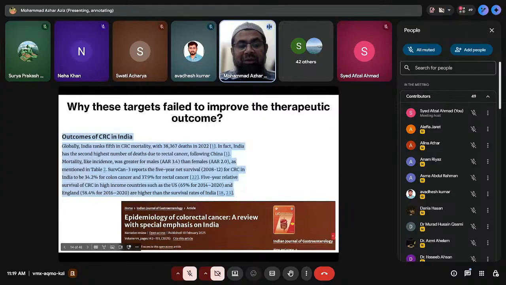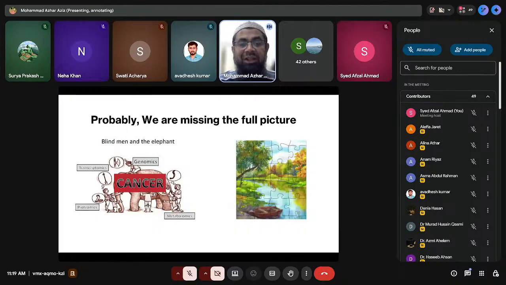But still, we don't see them in the priority list when they do the funding. They don't have any priority for colorectal cancer. So are we really seeing the right target, and are we really treating the patients with the proper knowledge of what works in this particular patient?